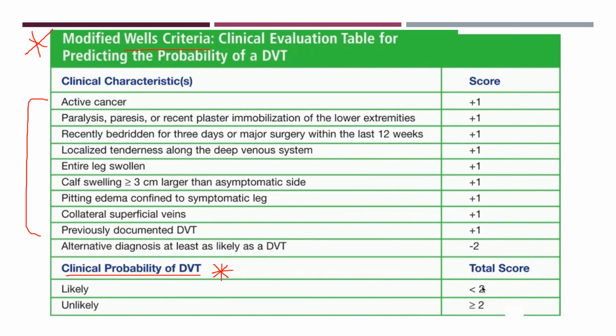Luckily, my supervising PT spoke Spanish, so it was good. We worked together on that. We collaborated well. But she called in over the weekend. She was having some chest pain, and she said that she was going to the hospital. We used this tool. We ultimately came up with this decision that it was unlikely that she had a DVT based on our score over here. So we sent her home.